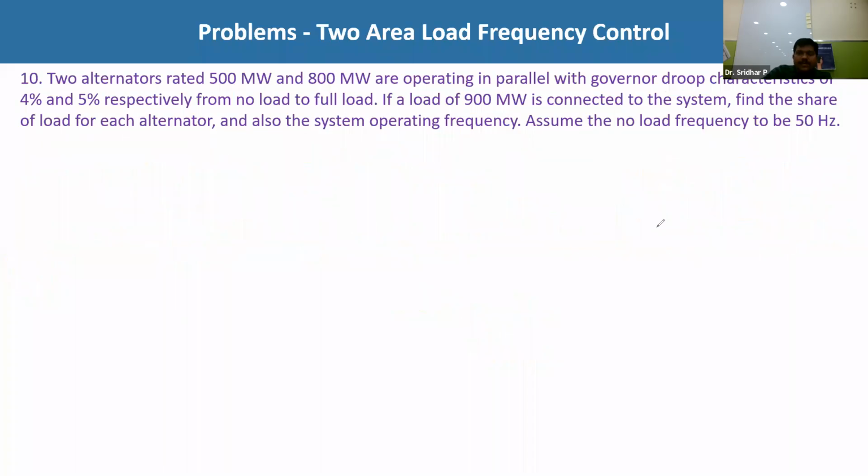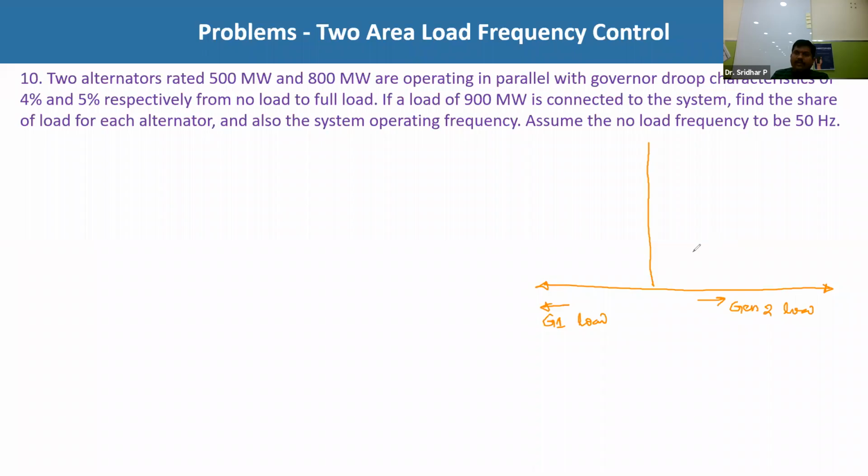Okay, right. Now, what is the hint he has given here? 4% and 5% droop from no load to full load. So first, let me assume this is the generator 1 load, and this is the generator 2 load.